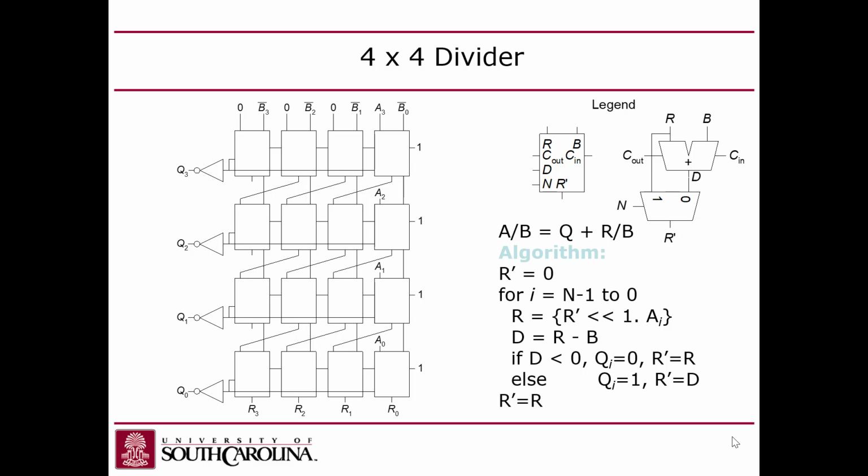So the output of this is R prime, which is the new remainder value, and they have an input R, which is the original value of the remainder register. If the result of that were negative, this is where they restore the original input to the output. Does that make sense?